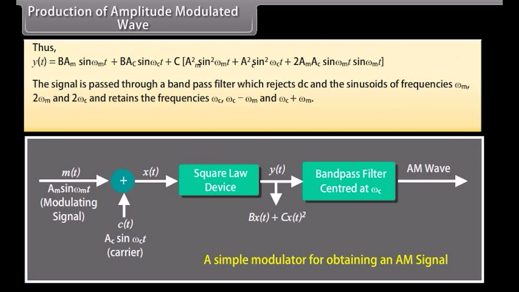The signal is then passed through a band-pass filter which rejects DC and the sinusoids of frequencies omega m, 2 omega m and 2 omega c, and retains the frequencies omega c minus omega m and omega c plus omega m. The output of the band-pass filter therefore is an AM wave.